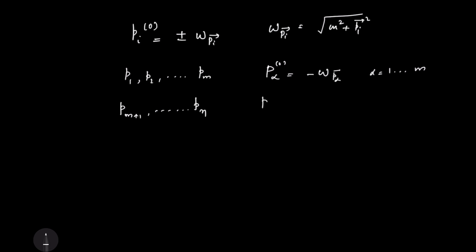And the second category is represented by p_beta^0 equal to plus omega_{p_beta}, that is the positive roots, where beta is equal to m+1, m+2 up to n.